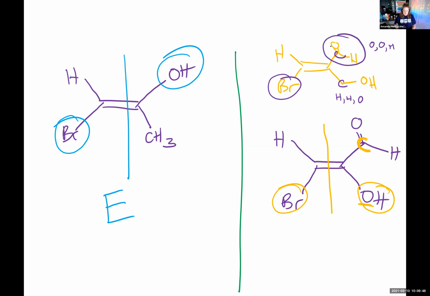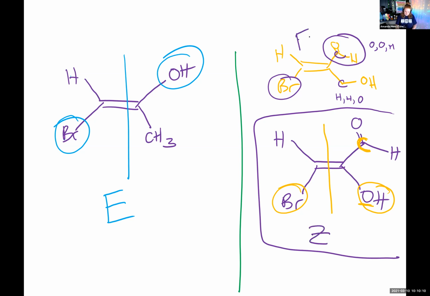So in that case, it would be the higher priority. But because the oxygen's directly bonded to that vinylic carbon, that double bond carbon, it gets higher priority. So the one that's on the bottom, this guy down here, is that E or Z? Z. Good. And then that top one would be E as well.